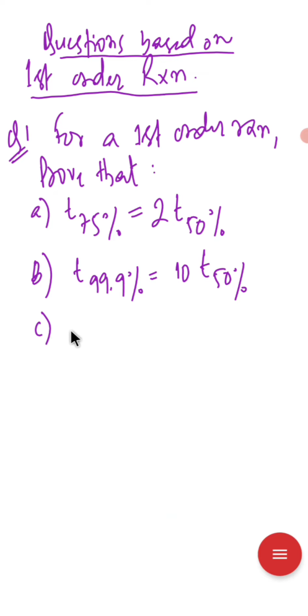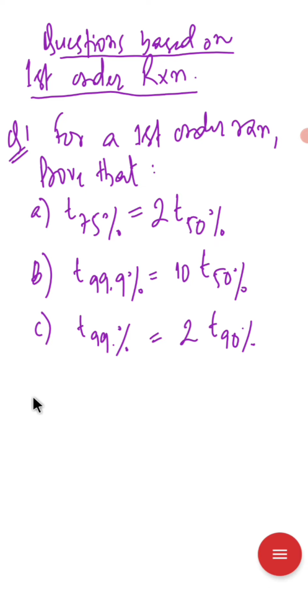And the third relation we can prove for a first order reaction is T99% is equal to 2 times of T90%. These three relations can be proved for a first order reaction.